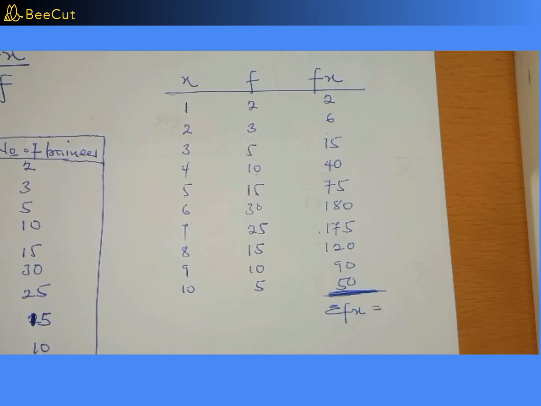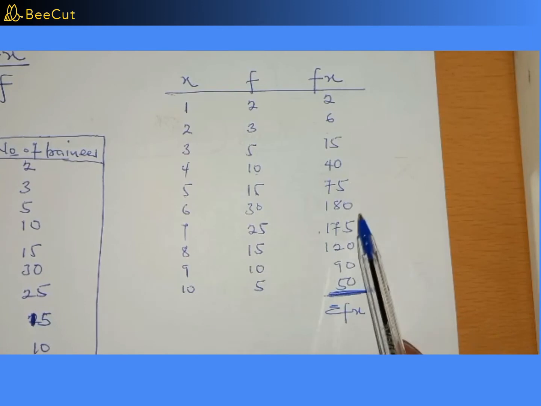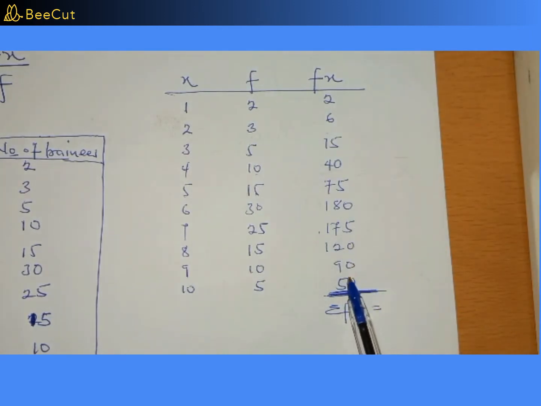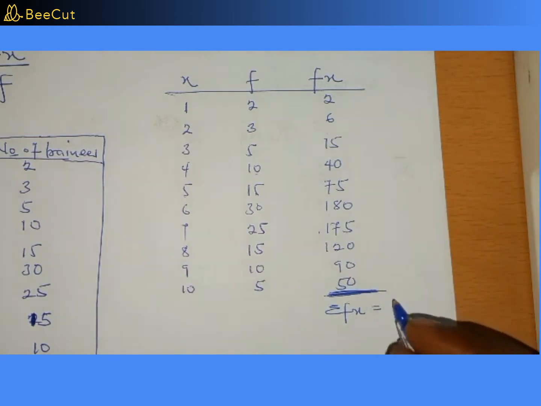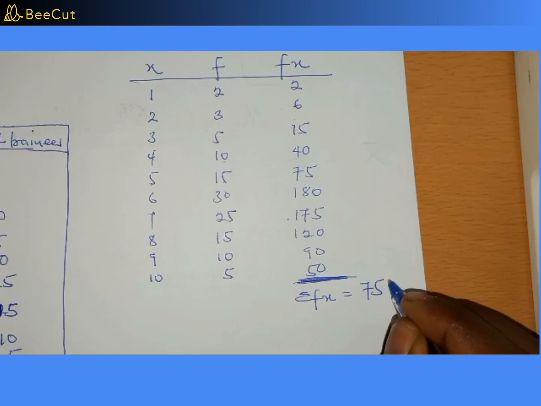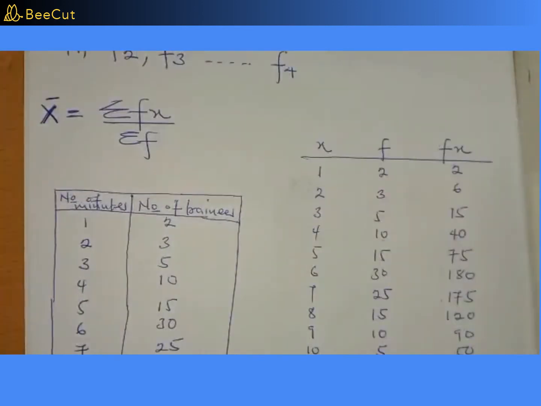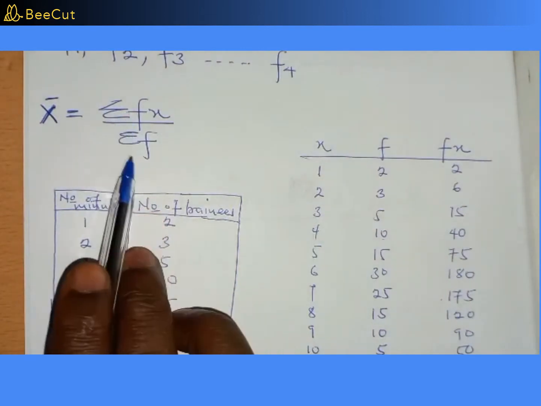And if you add these numbers, 2 plus 6 plus 15 plus 40 plus 75 plus 180 plus 175 plus 120 plus 90 plus 50, it is going to give us 753. So we have 753, and the formula says sigma fx over sigma f.